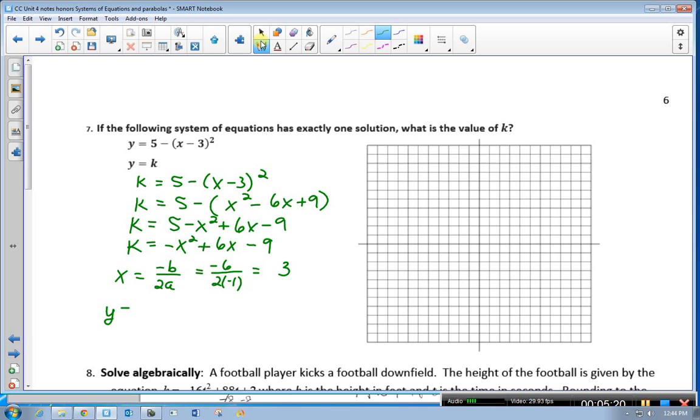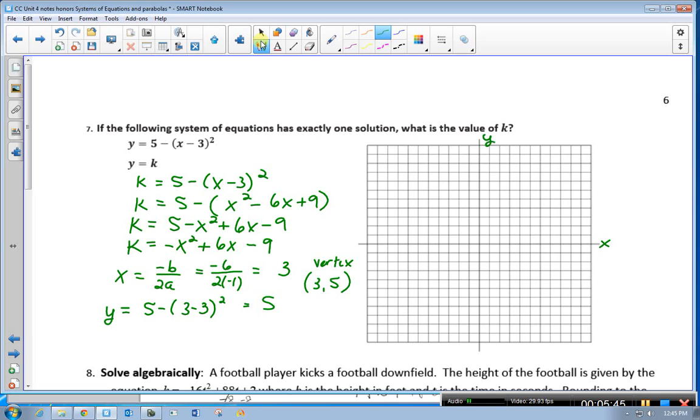And then you need to plug that back in to find y. So y equals 5 minus 3 squared, minus 3 squared. So that's just going to be 0 squared. 5 minus 0 is 5. So the vertex is at 3, 5. And we can kind of tell that just based on the original problem. It's kind of in that vertex form.